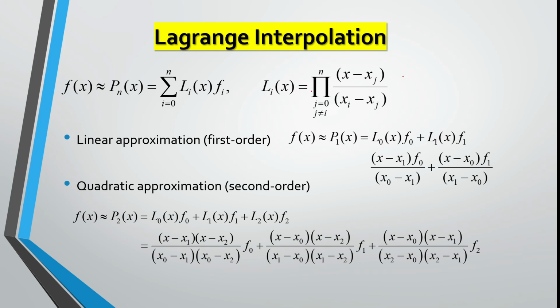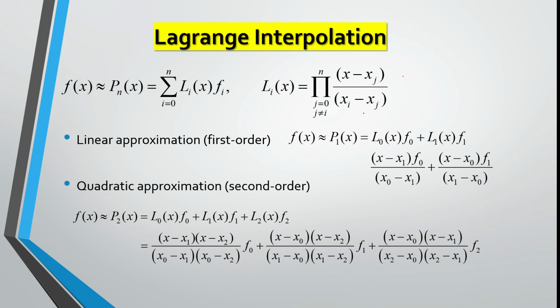Li(x) is given by a product, this symbol stands for the product, of x minus xj, where j cannot be equal to i. So for L naught, the numerator is x minus, it cannot use the point x naught, because j cannot be equal to i.